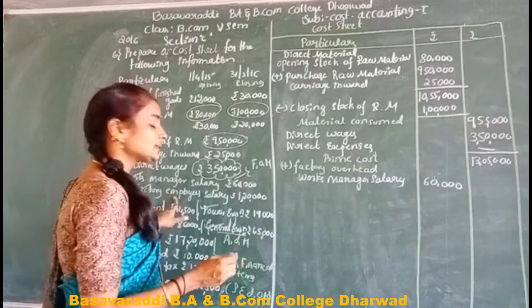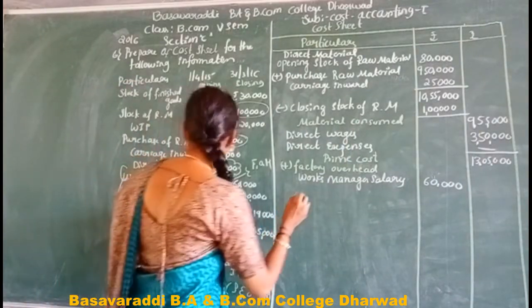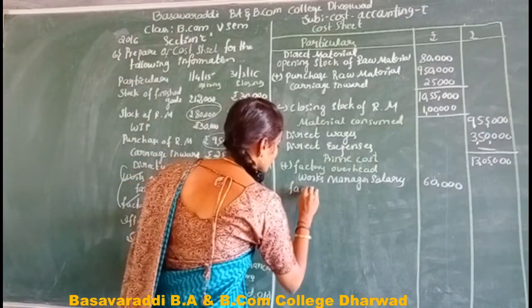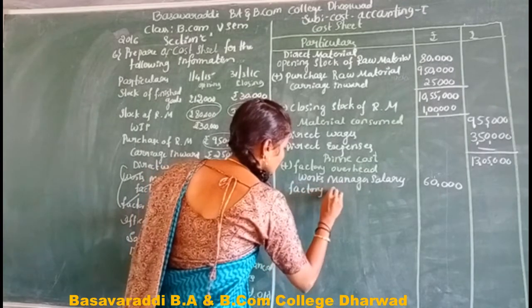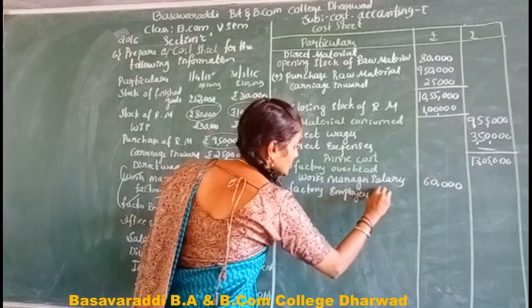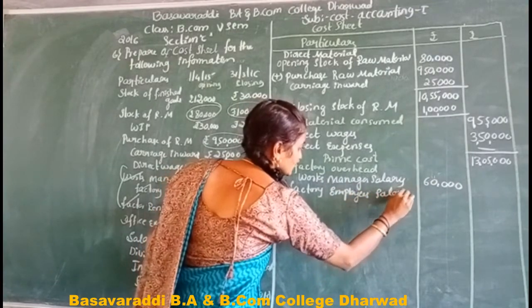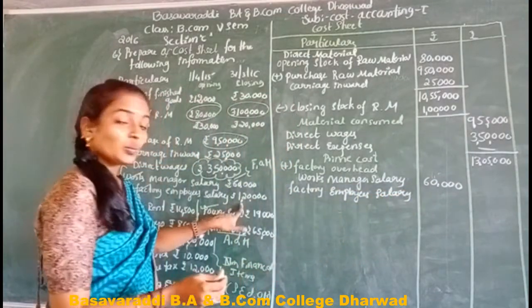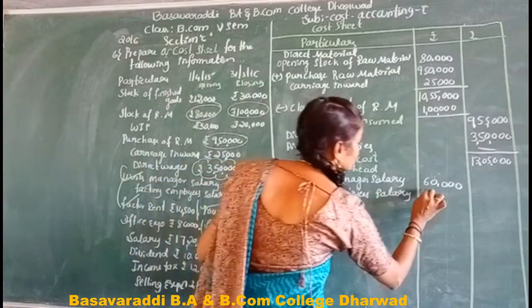Second one is factory employees salary 1,20,000.